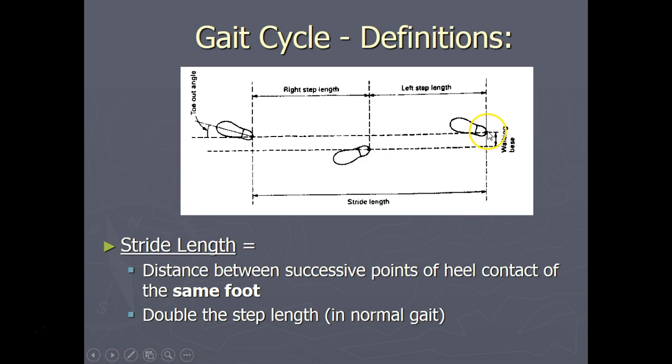So heel of right, heel of left would be step length. Heel of left, heel of right would be step length as well. And then we have stride length, which is pretty much the equivalent of the gait cycle in essence, right? It's from one heel of the right foot to the second time that right foot touches down.